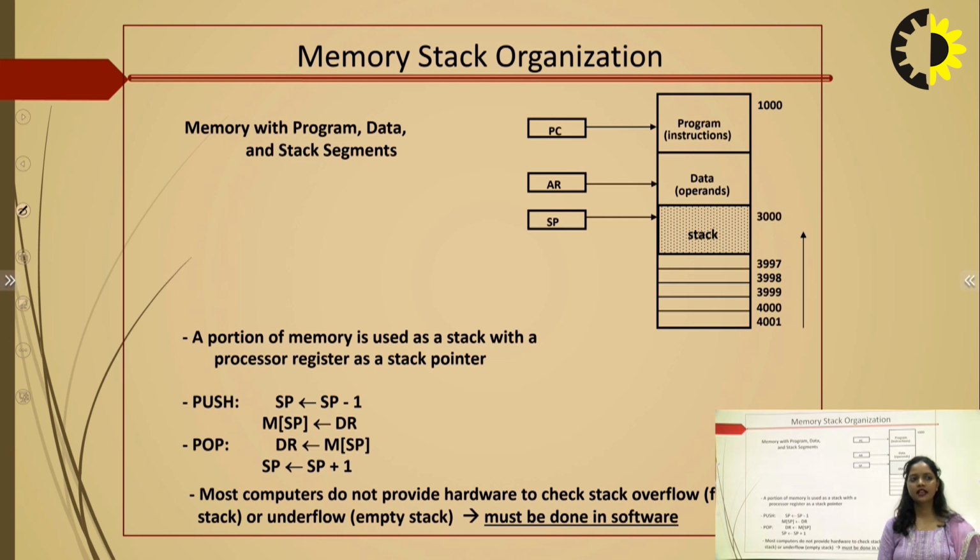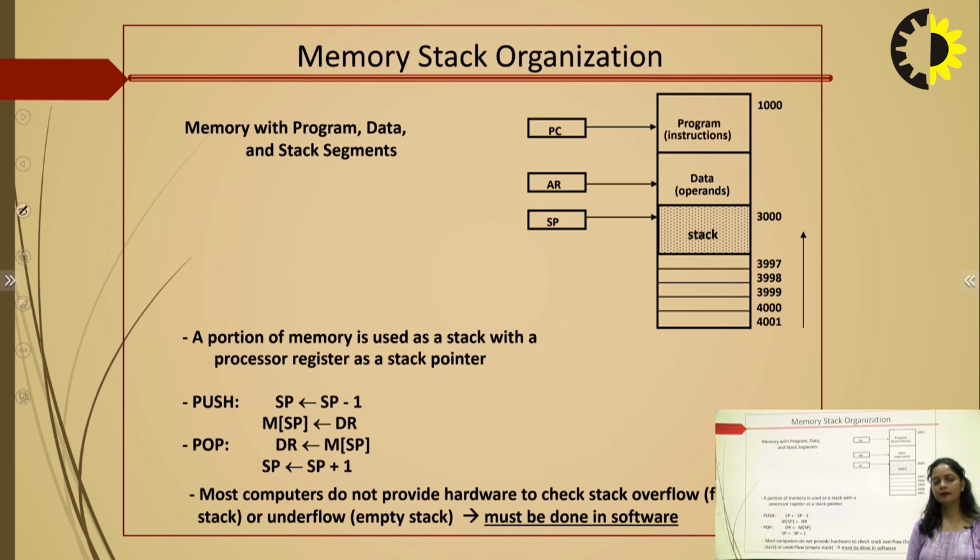So let us consider an example where we have a memory stack organization scheme, and we have the addresses in decreasing order, that is from 4001 to 1000.